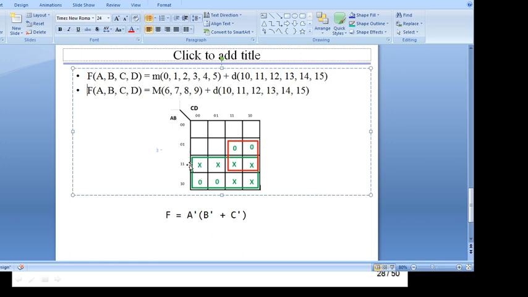So in this case, this octet, 1 to 1 same, so this is A dash, and for this quad 1 to 1 same, so B dash, and this 1 to 1 C dash. So in POS form, A dash bracket B dash plus C dash.